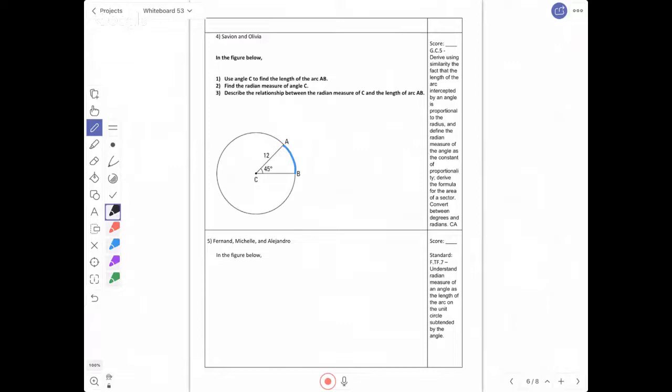I'm going to say I've got 45 degrees out of the entire 360 degrees, which is equal to x, some amount of arc, out of the entire circumference, 2 pi times 12. So this is 1/8 of x over 24 pi.